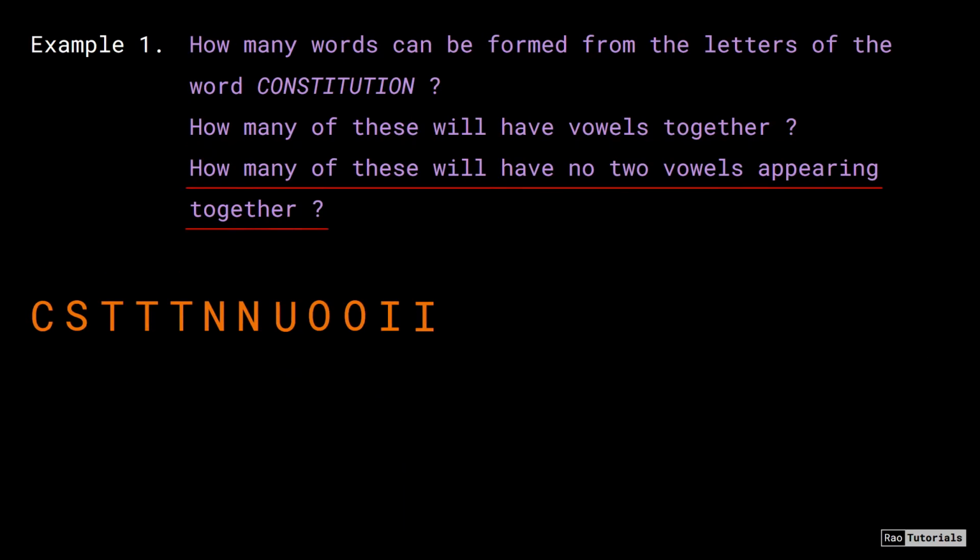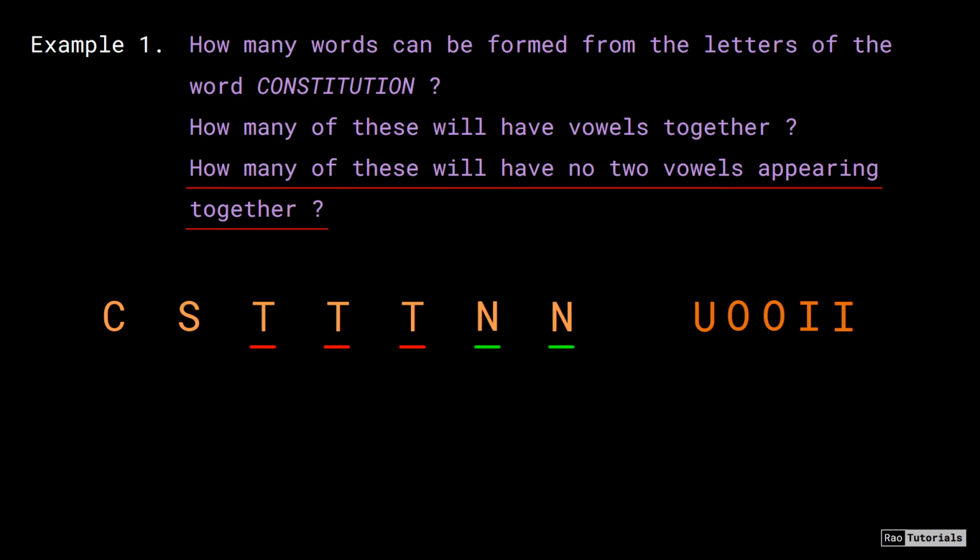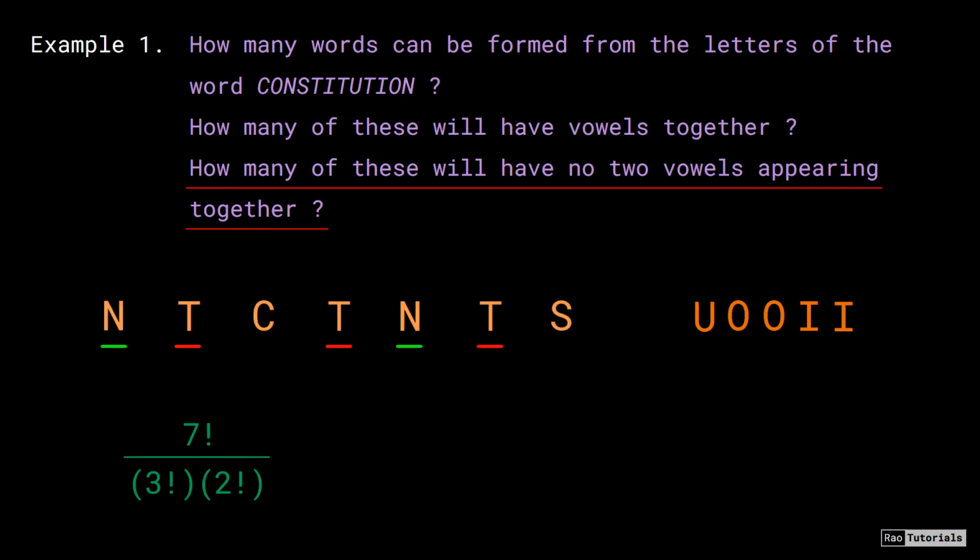In the third part, none of the vowels must be next to each other. This is a case of strict separation, so we arrange the separators first. Since the vowels are to be separated, the separators in this case are the consonants. 7 consonants, of which 3 T's are identical and 2 N's are identical, can be arranged in 7 factorial by 3 factorial times 2 factorial ways.